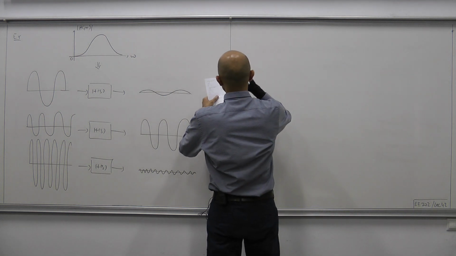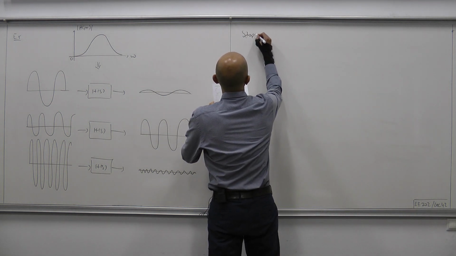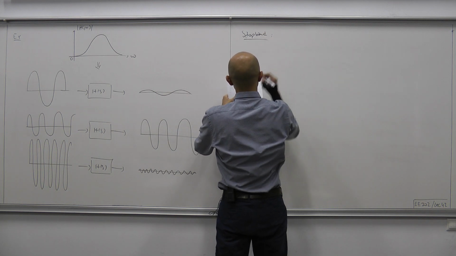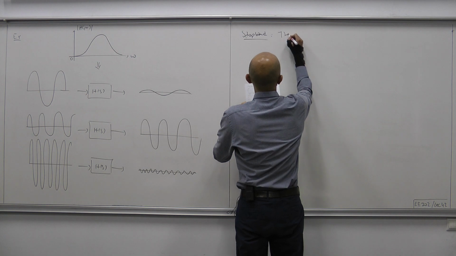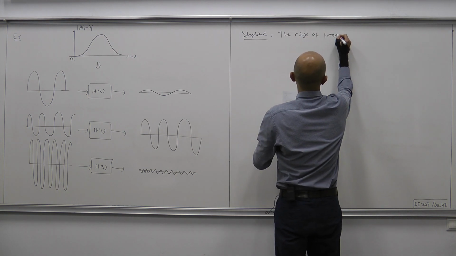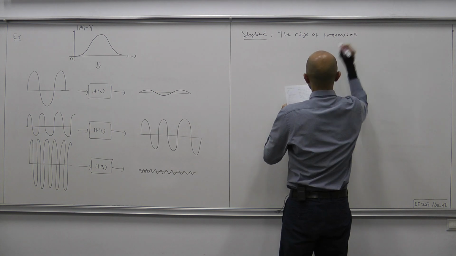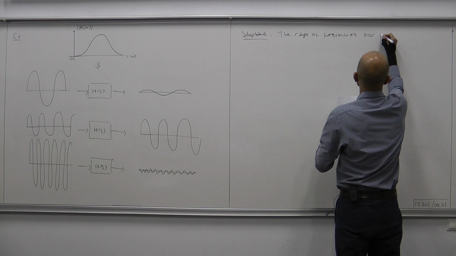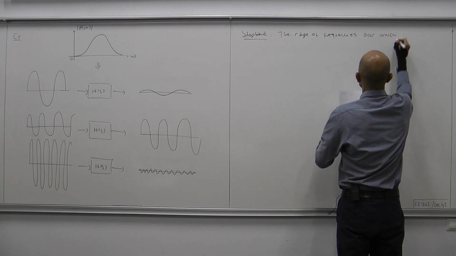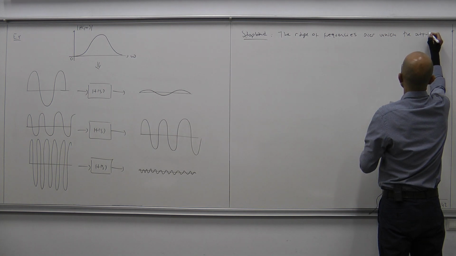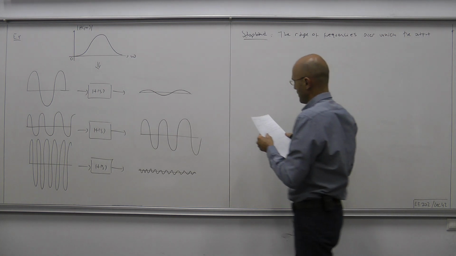Okay, some definitions. Here is our first definition. Stopband: the range of frequencies over which the output is significantly attenuated.